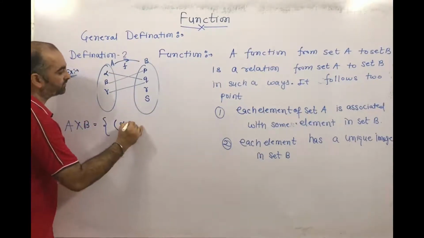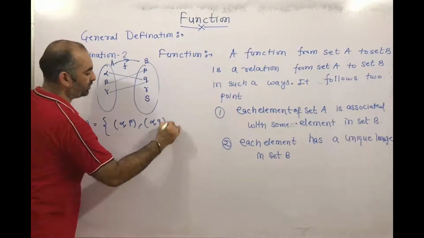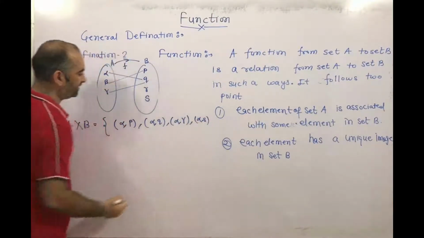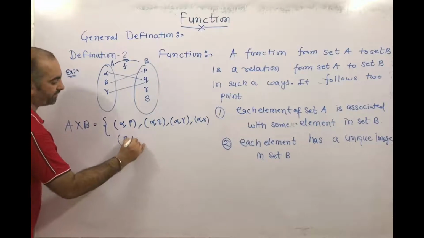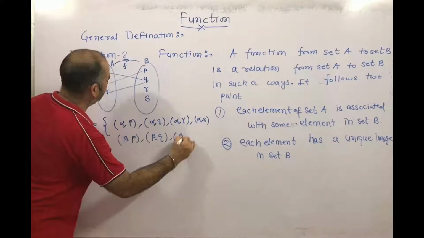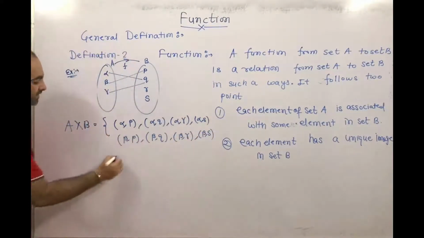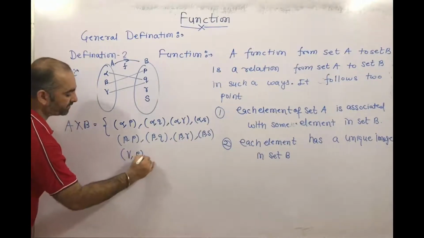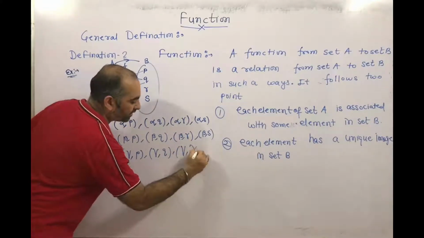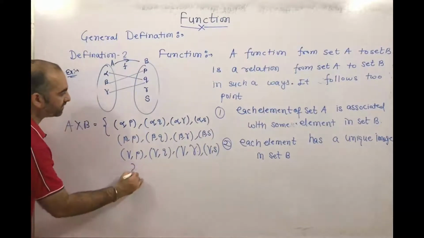Alpha comma P, alpha comma Q, alpha comma R, alpha comma S. Similarly, beta comma P, beta comma Q, beta comma R, beta comma S. Similarly, gamma comma P, gamma comma Q, gamma comma R and gamma comma S. This is the Cartesian product.